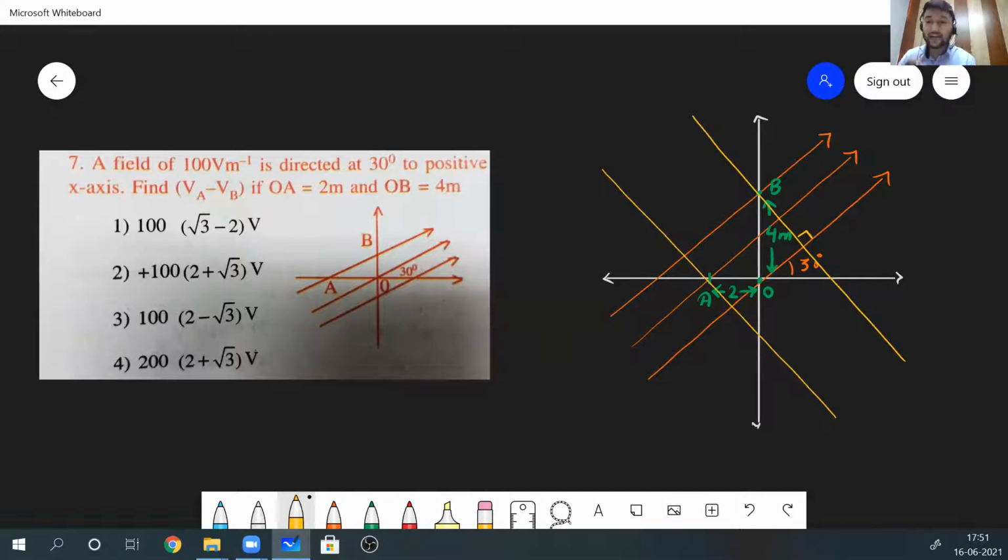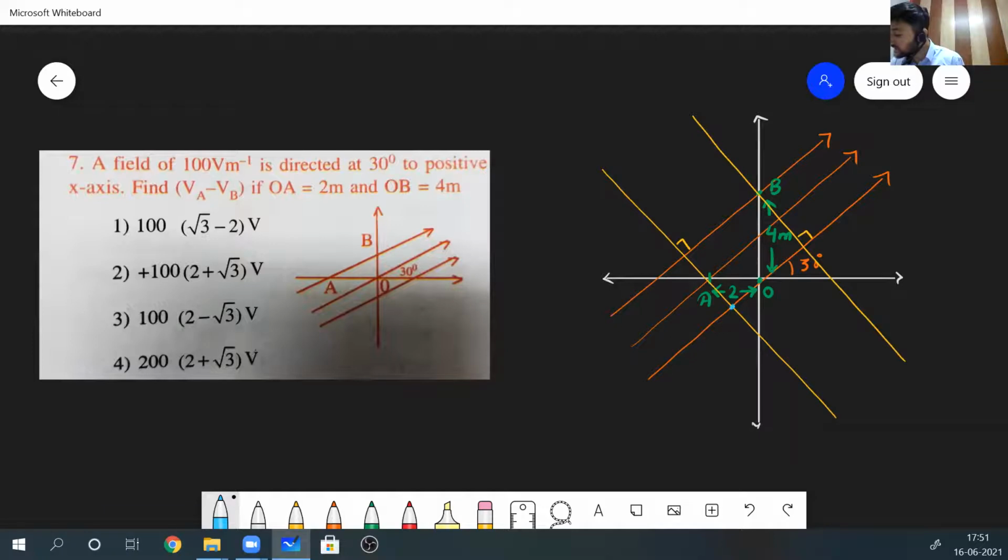So these yellow lines which I have drawn may seem like lines, but they are actually the equipotential surfaces, which will be perpendicular to the electric field lines. So one of the equipotential surfaces is passing through the point A and another equipotential surface is passing through the point B.